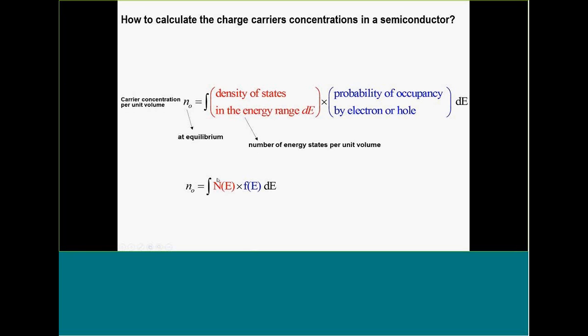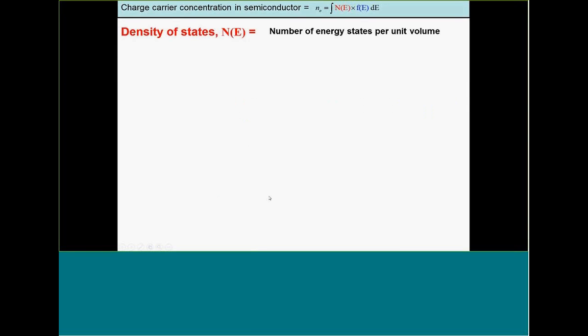We use N as a function of E as the symbol for the density of states, and for the probability of occupancy, we normally use F as a function of E. And we know that density is mass over volume, isn't it? So naturally, it should be per unit volume.